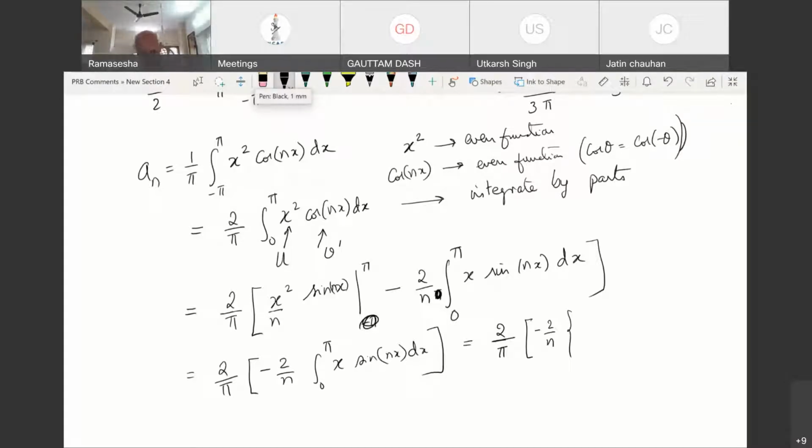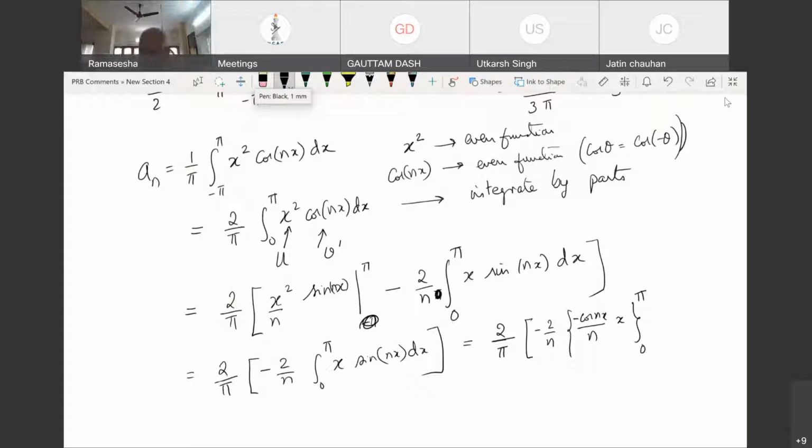So if I integrate sin nx, I get minus cos nx by n, times x, which is u. So this is u times the integral of v, minus cos nx by n.